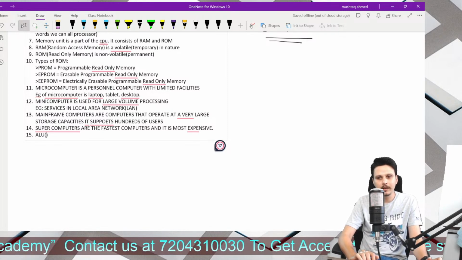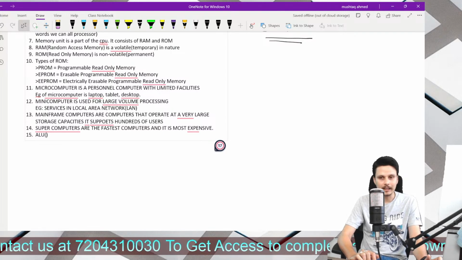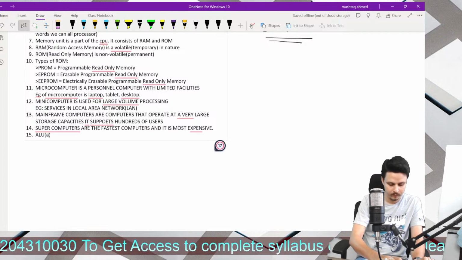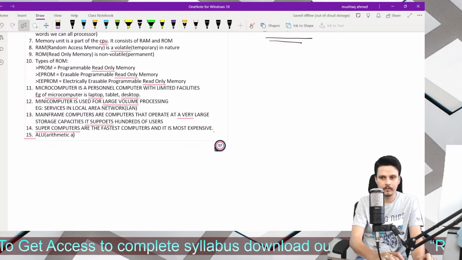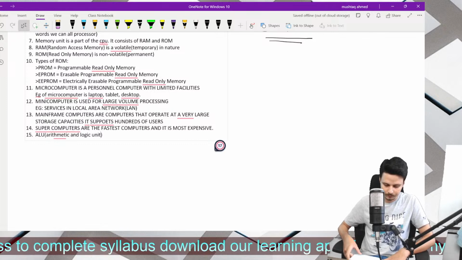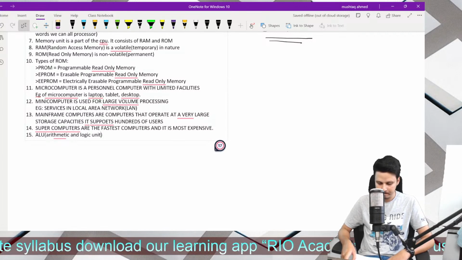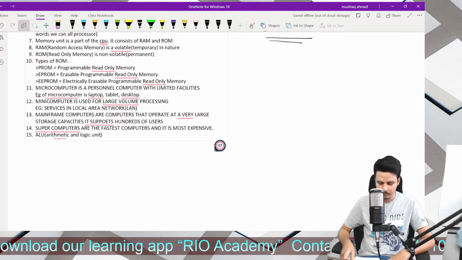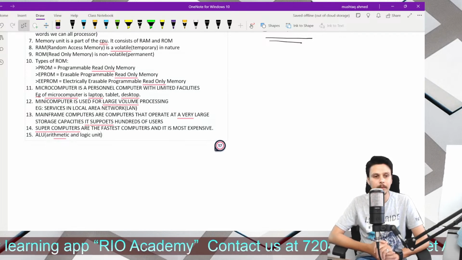The options will be a bit confusing, but if you know the full form of ALU, you can earn marks easily. ALU means arithmetic and logic unit.